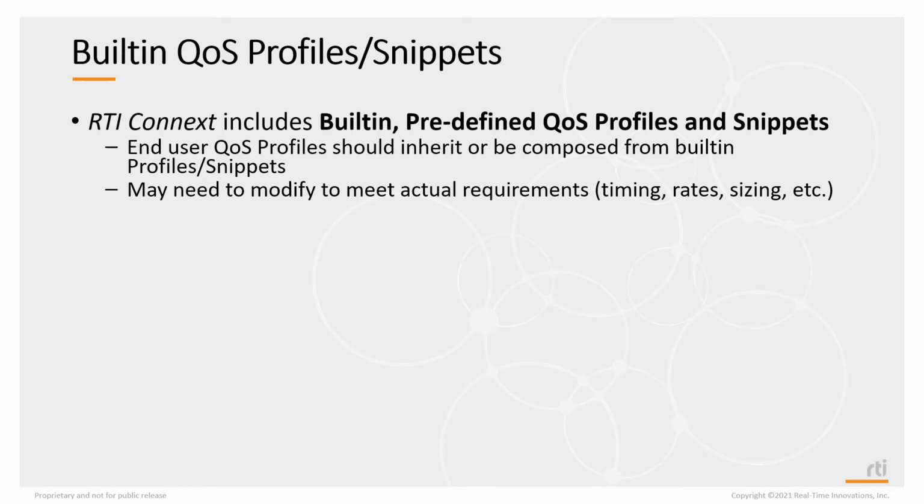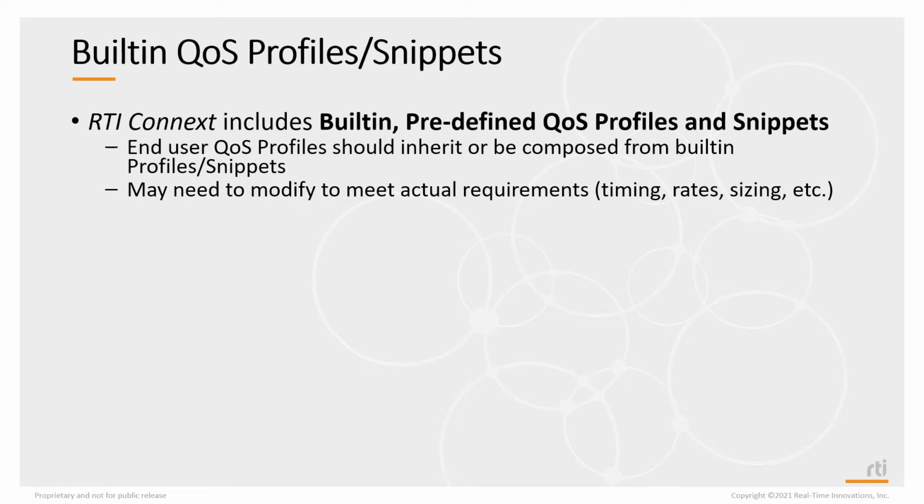So we're often consulted to help our customers craft QoS and modify QoS to support their requirements. We've taken that experience and created what are known as built-in QoS profiles and snippets, and we hope that our customers can use these built-in profiles and snippets, through inheritance or through composition, as the basis for their own QoS profiles.